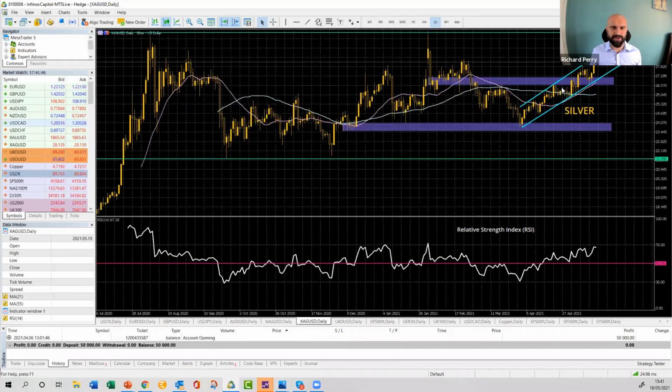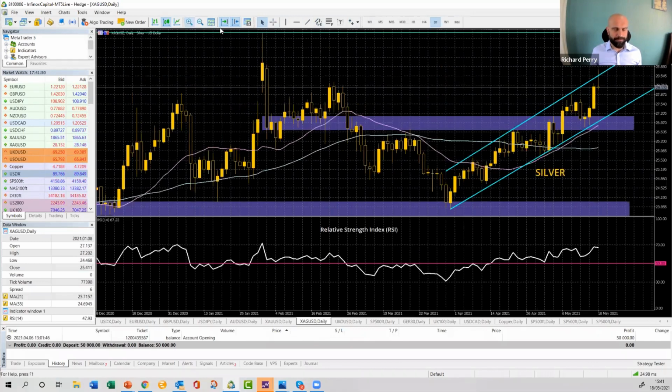silver, again, uptrend channel, looking strong. Uptrend channel, as I said, possibly a bit of a blowout today at resistance, interestingly enough. So you may well see a bit of a near-term pullback. But again, any pullback that finds support within this uptrend channel that helps to unwind that RSI, I think is a buying opportunity.